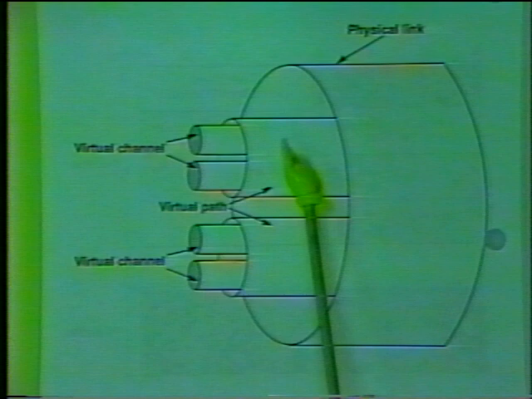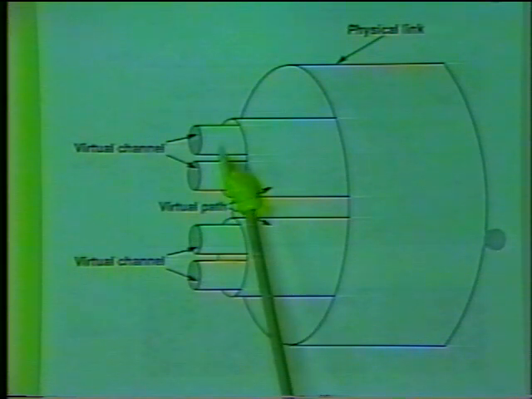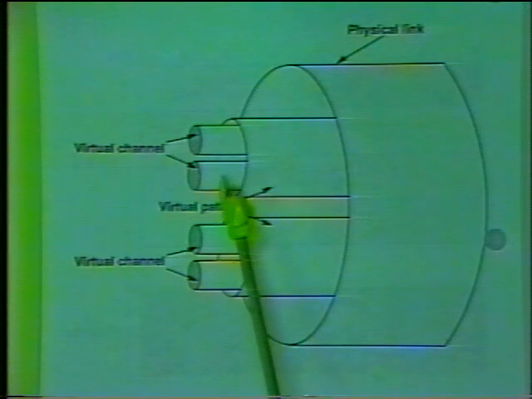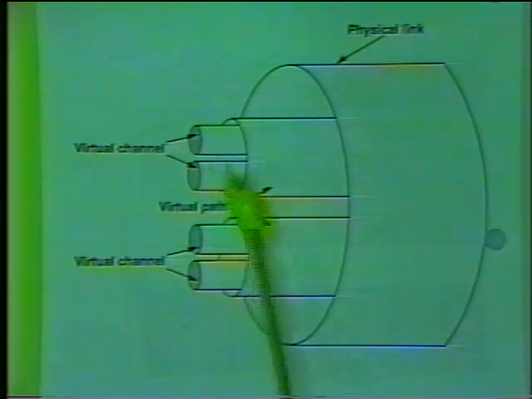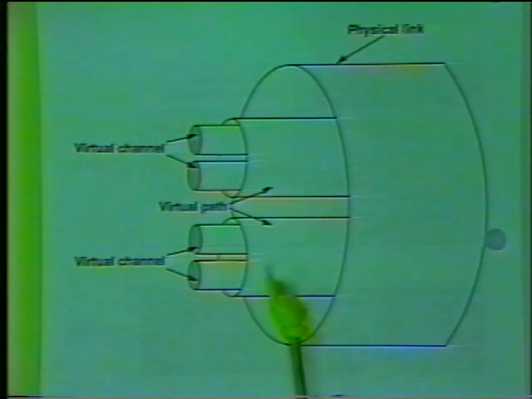What we do is we take a bunch of virtual channels, which are assigned by the system administrator, we combine a pack of virtual channels and group those into a virtual path. And then, based on the grouping of virtual channels, we can have multiple virtual paths. As I mentioned, the system administrator is responsible for setting up these channels and paths.